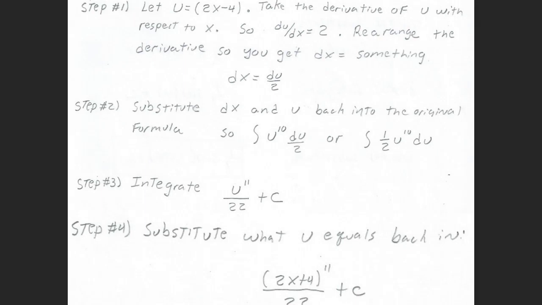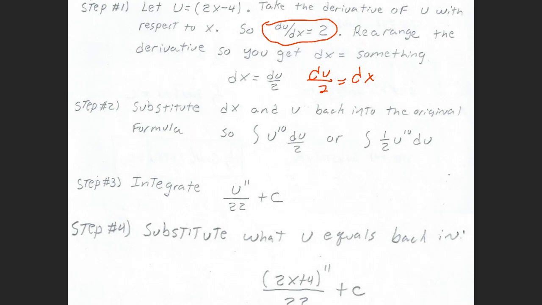All I did is I took this and solved for dx. So I brought the dx up over here, brought the 2 down, so that would be du over 2 is equal to dx. And that's where I made my mistake. Then you put the du over 2 where the dx was.